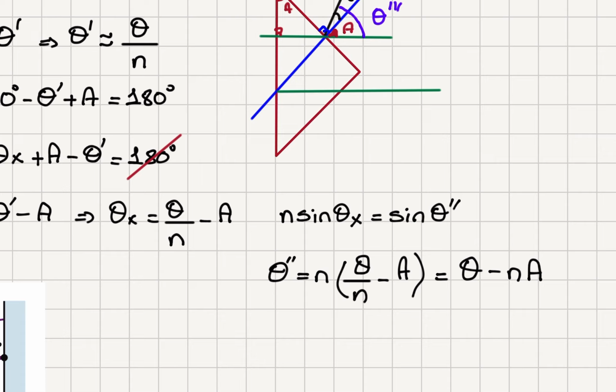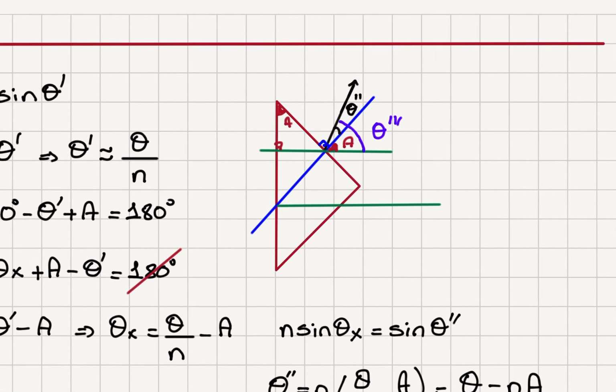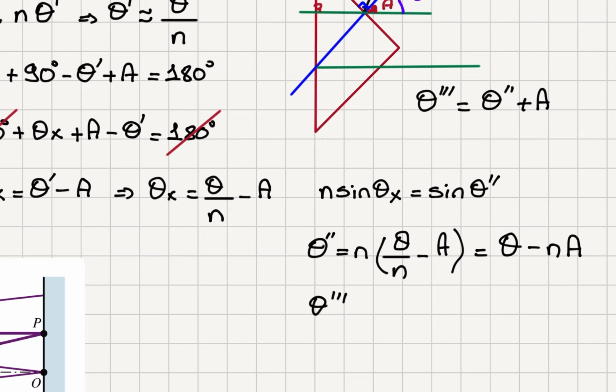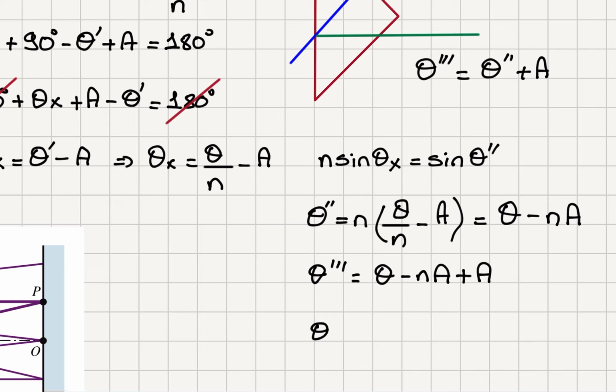Now what about theta triple prime? You can see here theta triple prime is equal to theta double prime plus A. So I can write theta triple prime as theta minus nA plus A. So let's do this: theta minus theta triple prime is equal to A times (n minus 1).